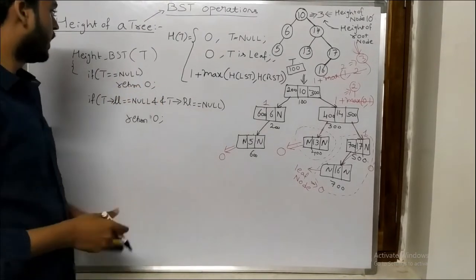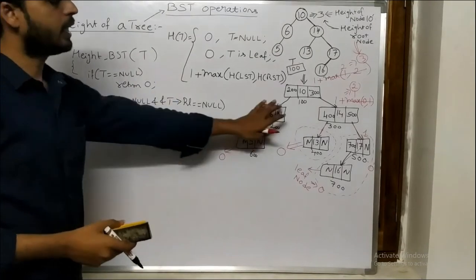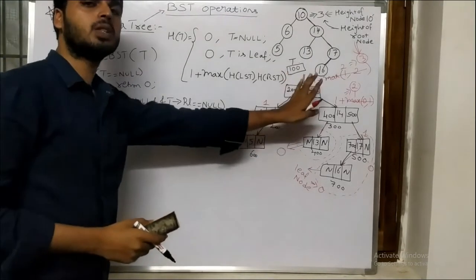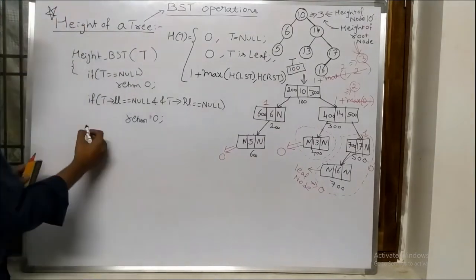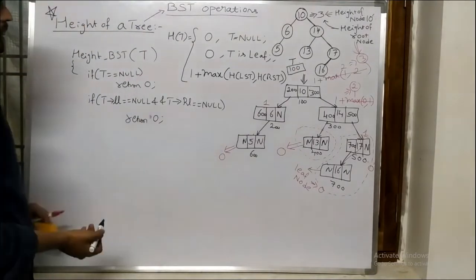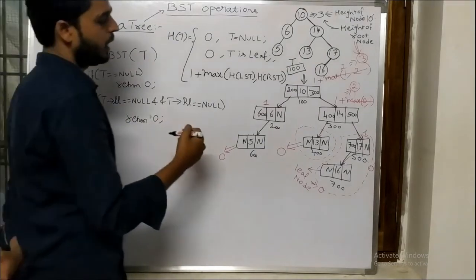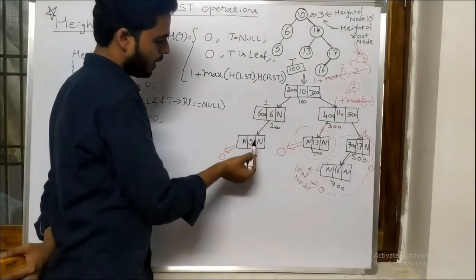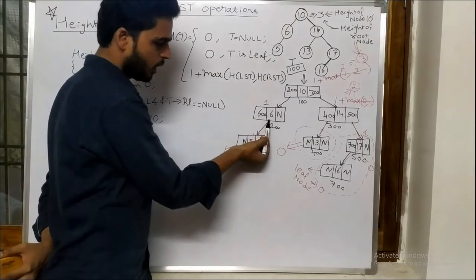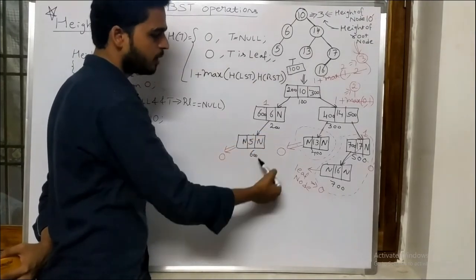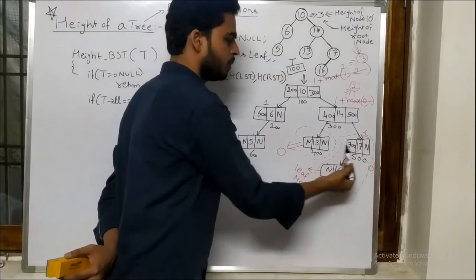If these two cases are not there, it means it can be any tree with minimum height 1. If it is a leaf node, I am directly calculating. If it is a node of height 1, what am I going to do? I am going to calculate the height of the left subtree and the height of the right subtree.